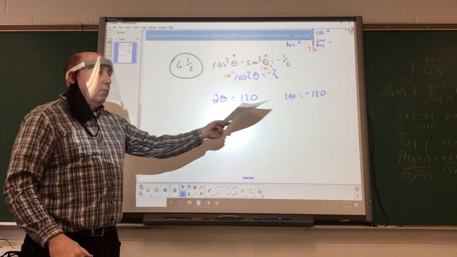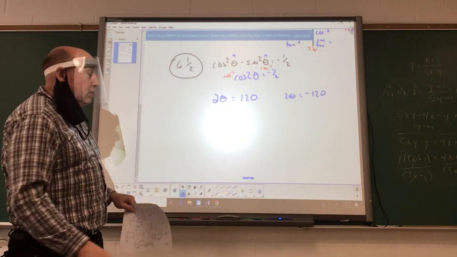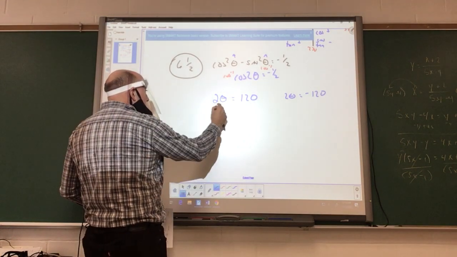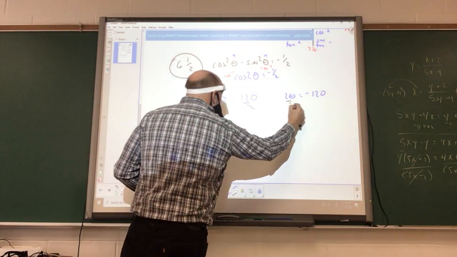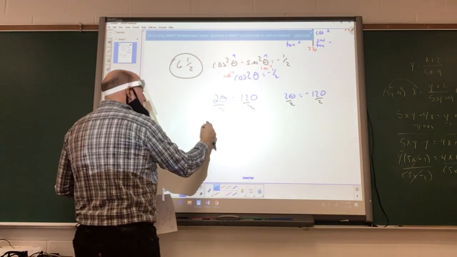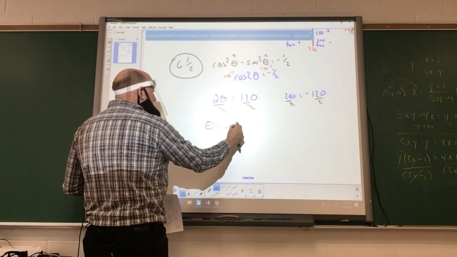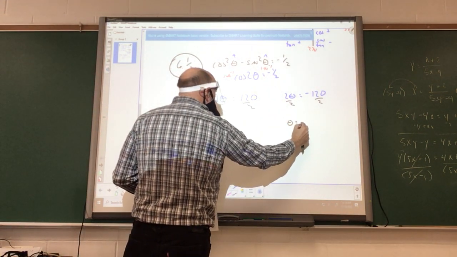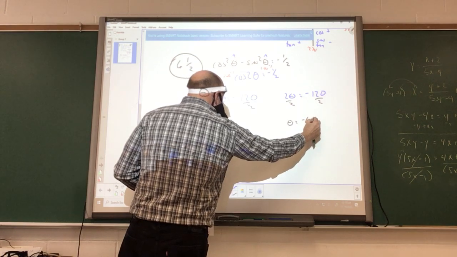In both cases we have to get rid of the multiplication by 2, so we divide by 2. So theta is equal to 60 plus or minus, and theta here is equal to -60 plus or minus.